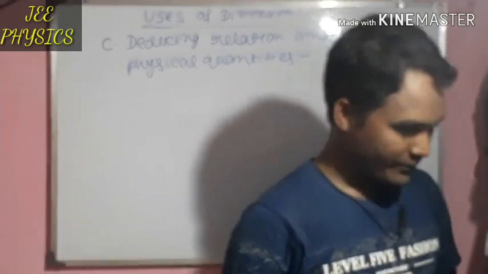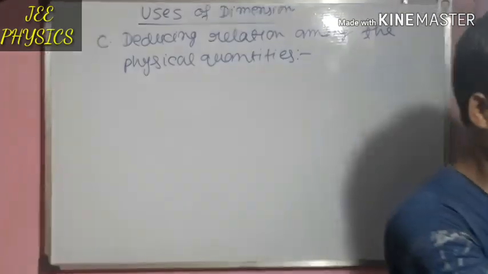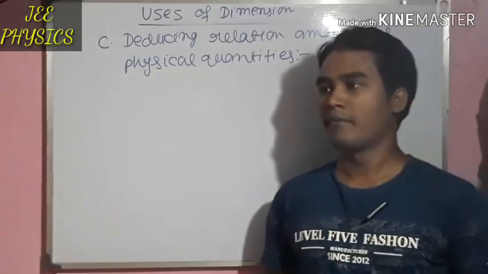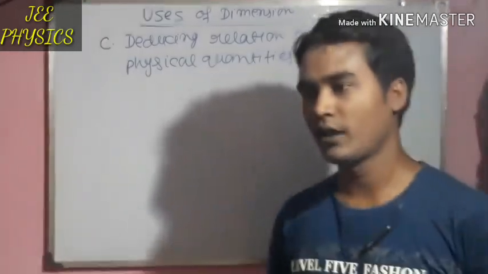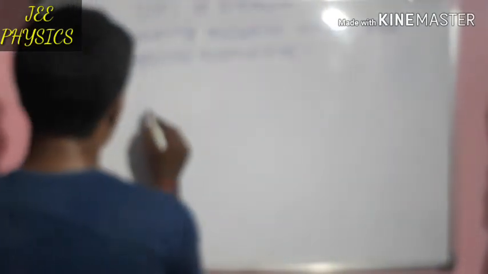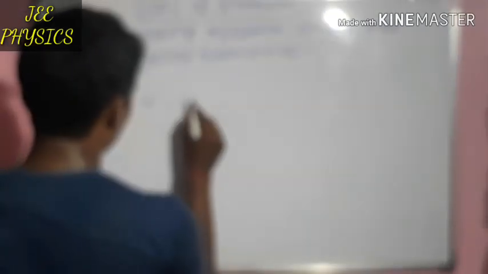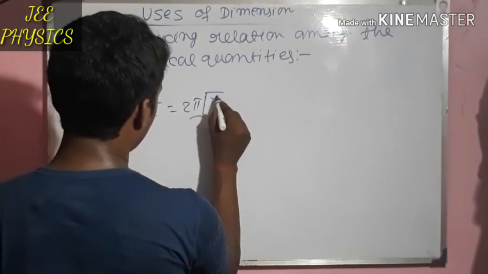So we get in mechanics many physical relations, such as the time period of a pendulum T is equal to 2 pi root on L by g.